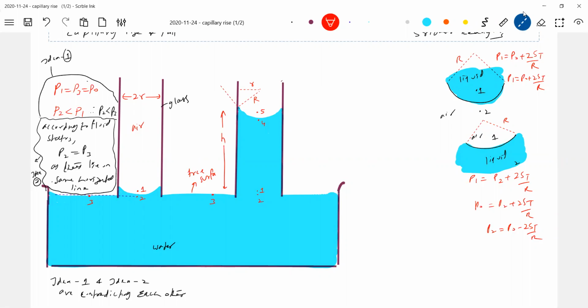Can you remember this? We used to define the angle of contact. Now this is the angle of contact. If this is the angle of contact, 90 minus theta, this will be theta. This will be theta. Okay, here it is. Are you able to see the diagram?